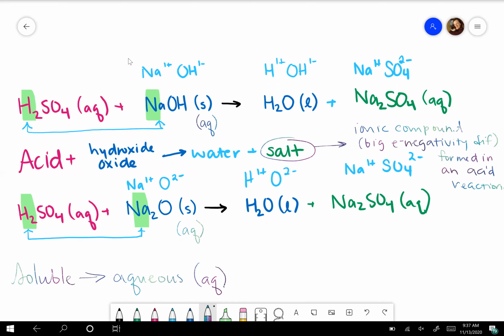So we found in every single one of these acid reactions that a salt was formed. That's a good thing to remember. So in all of these, salts are formed. In every single one of them.